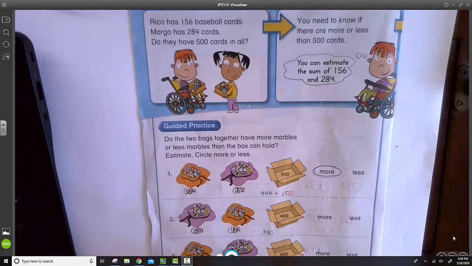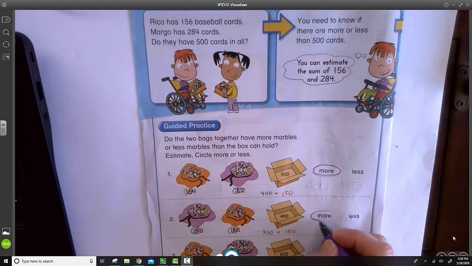The value is 60. 90 plus 60 would be 150. Again, 300 and 100 is 400 to begin with. And then we see there's already more than 400 marbles. So we will circle.